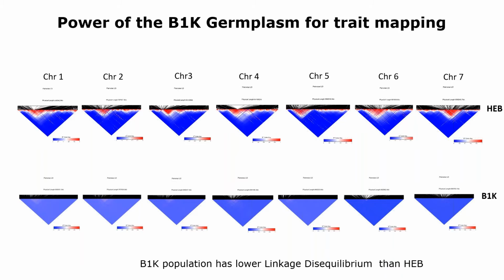So the B1K population has a much smaller LD and therefore higher power compared to the Heb population, which can help us narrow down our region to a very small locus.